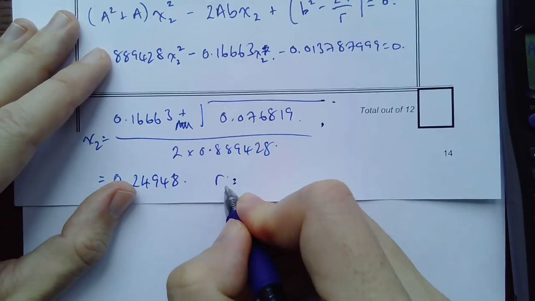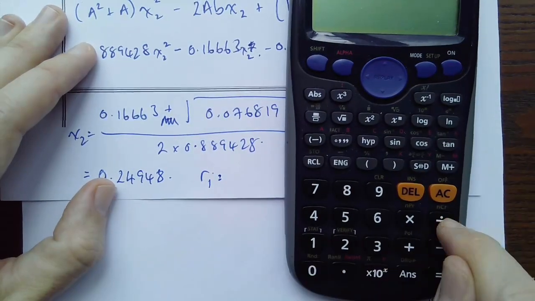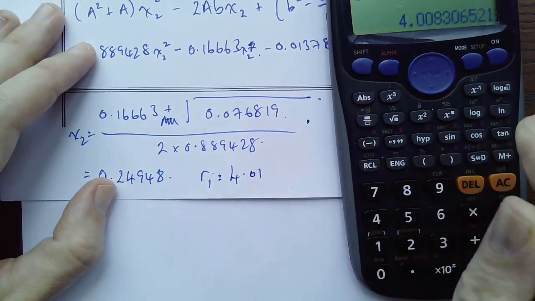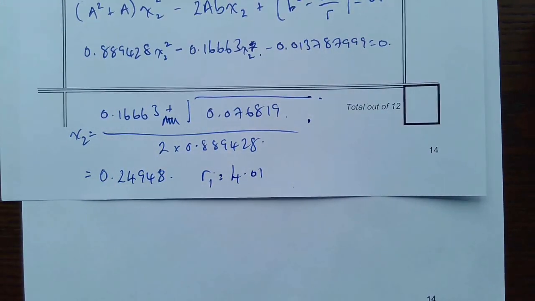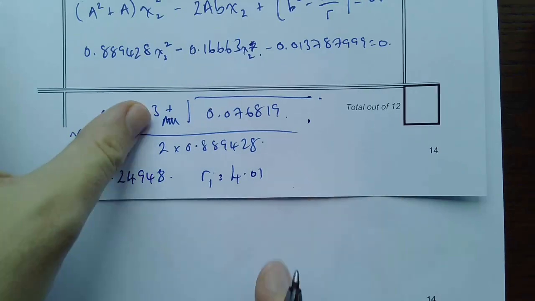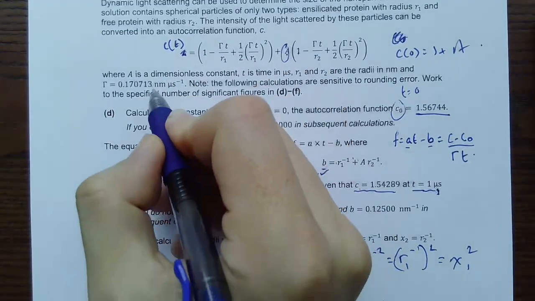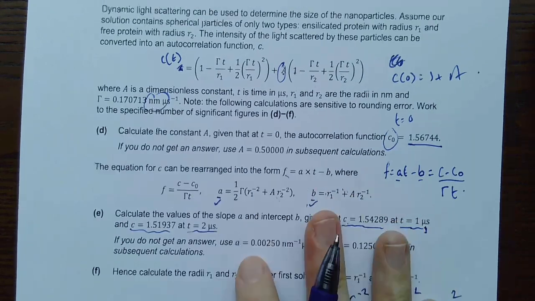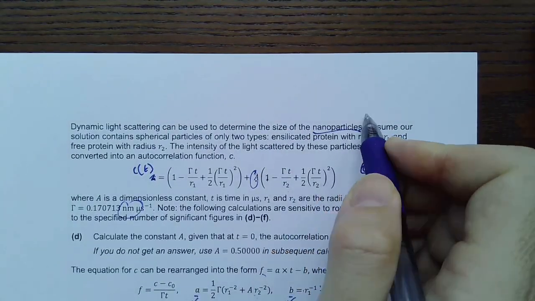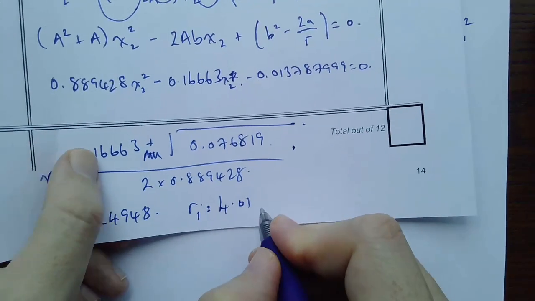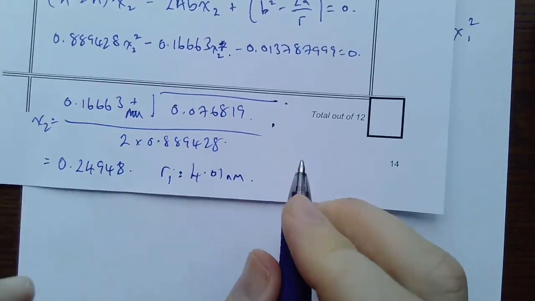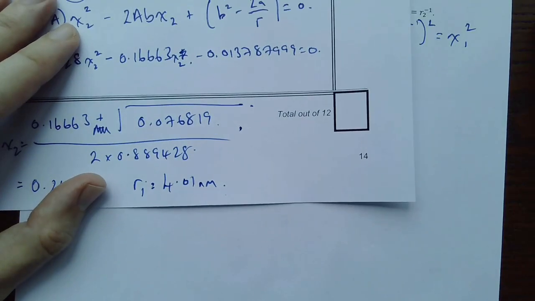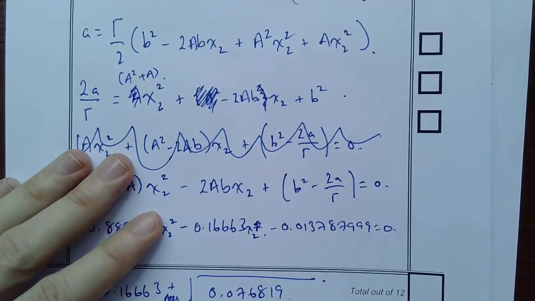So r1 is 1 divided by that, which gives me 4.01. What are the units? Well, I did mention it earlier on, but the whole time we've been working in nanometers, which is nice because that's probably the kind of size you'd expect for a nanoparticle. So nanometers. And then all I have left to do is calculate the value for r2.